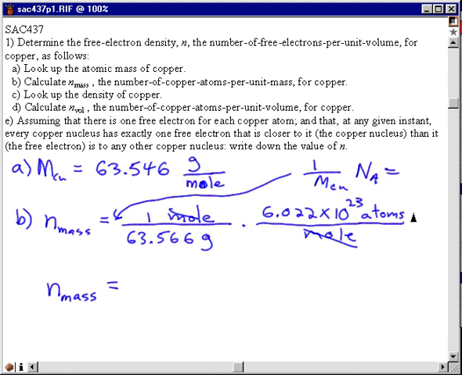Let's get that into units of kilograms. I'll multiply that by 1,000 grams per kilogram and get the answer in SI units.